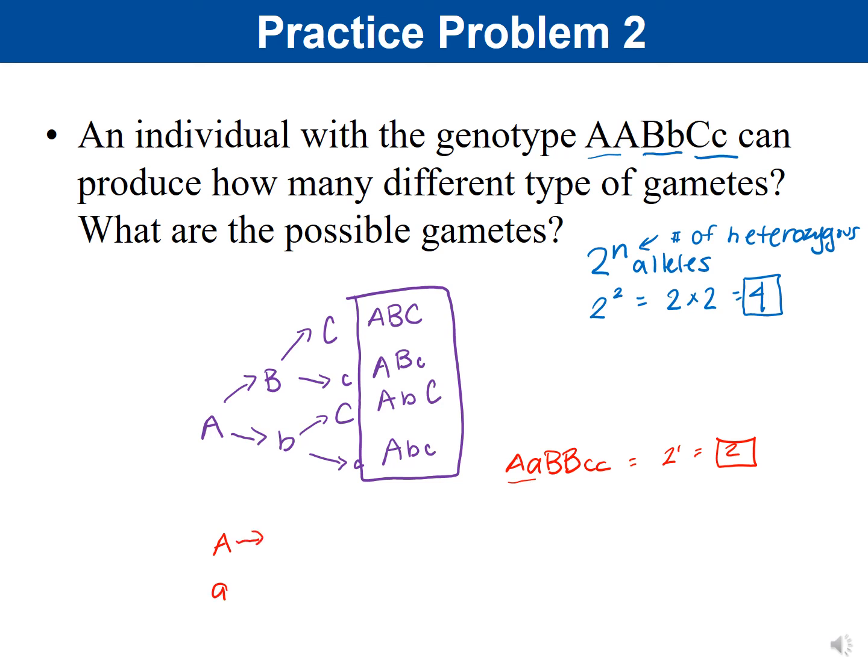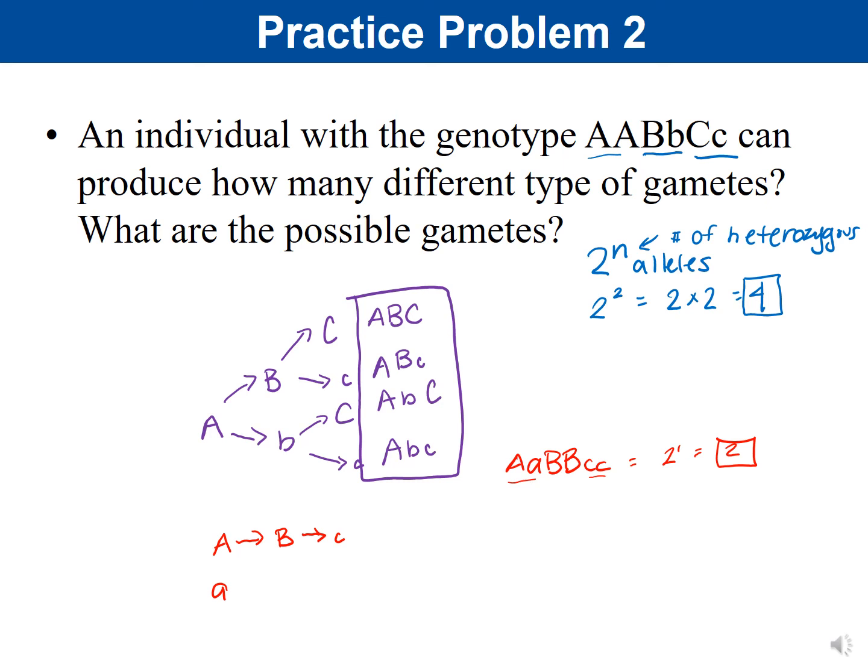Each one is going to pair with a big B, and I'm drawing the line straight across because it's not branching. There aren't two possibilities. It's always going to pair with a big B. This parent's gametes will always have a big B. Same thing, little c, little c. Go straight across, little c. We know it's always going to pair with the little c.